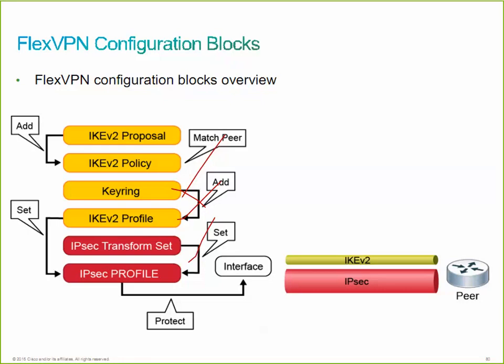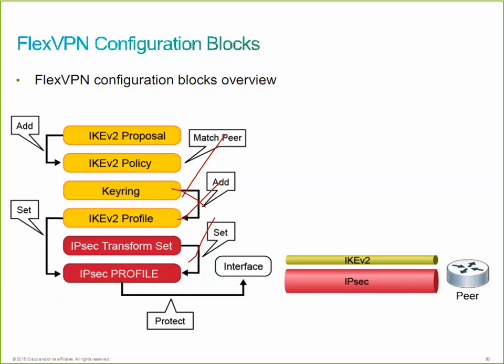The IPsec profile is the configuration that allows us to summarize the FlexVPN settings into a single profile that gets applied to the interface. So this can reference the IPsec transform set, it can reference the IKE v2 profile, and this is what allows remote access VPN connectivity, site-to-site VPN connectivity, and so on.